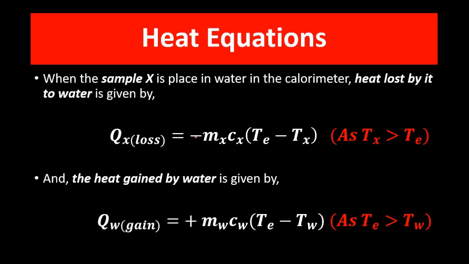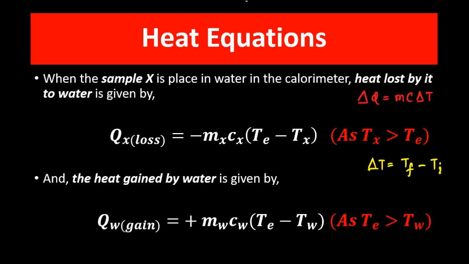So we know the basic formula relating specific heat, heat and temperature, that is delta Q is equal to mc delta T, where delta T is final minus initial.